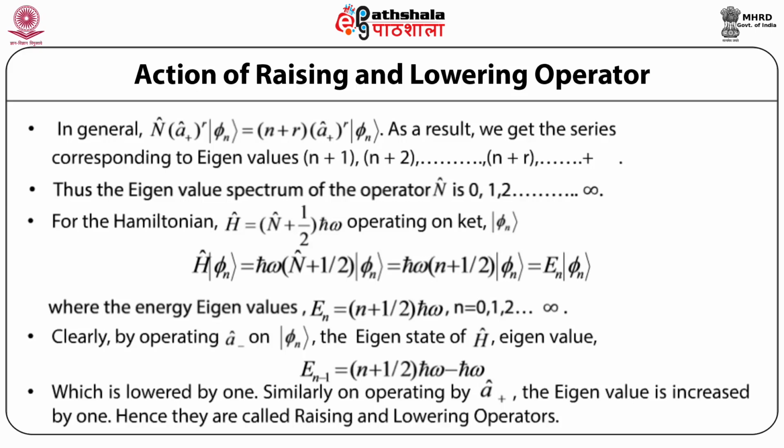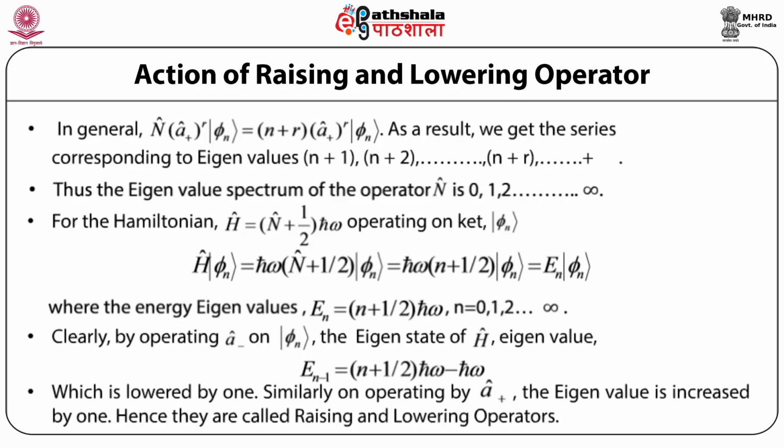So, which in turn gives us that the energy eigenvalue En minus 1 corresponding to the lowering operator acting on the eigenvector phi n is equal to within brackets n minus half whole times h cross omega.